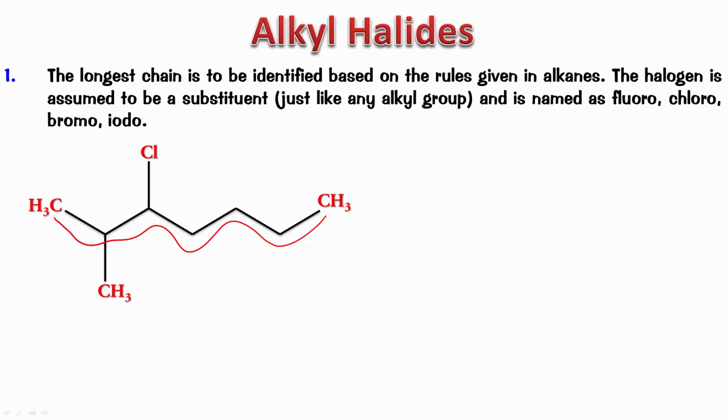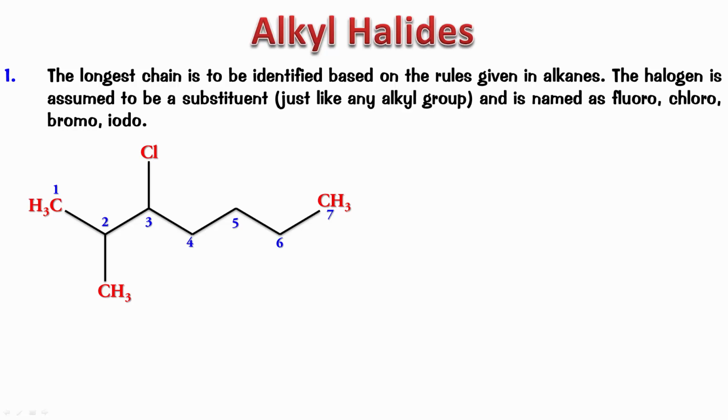Remember, no special preference for chloro. Chloro is treated just like any other group, except that if you want to check from the point of view of the alphabet, you have to look for C. But in this particular case, the numbering is pretty simple. The numbering has to be done from the left side, because that is the only way you can get the first substituent the lowest number, that is 2.